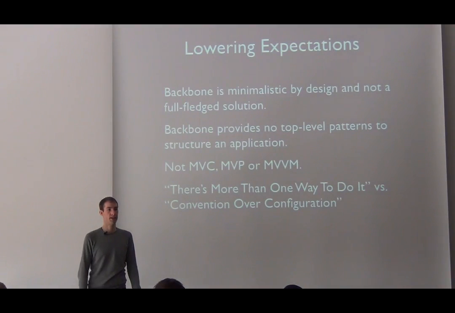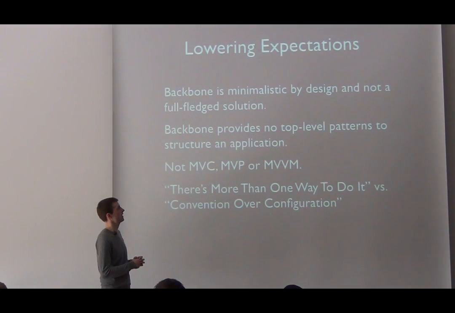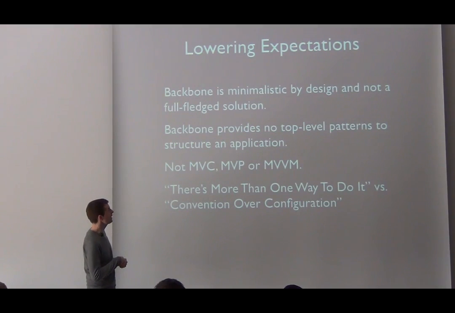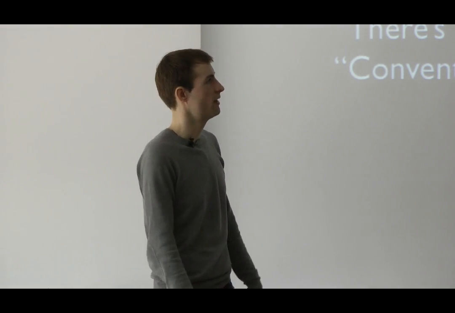So it's not like Google Web Toolkit, which has a convention for everything. In Backbone, you're very free to choose your own approaches, so Backbone does not provide a structure for how to structure your application on a top level.